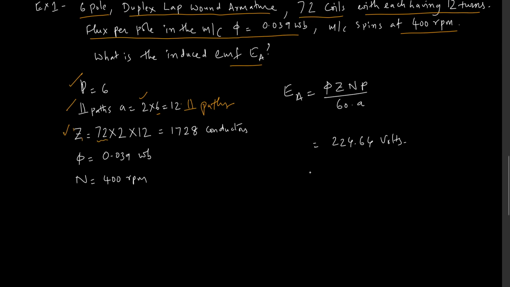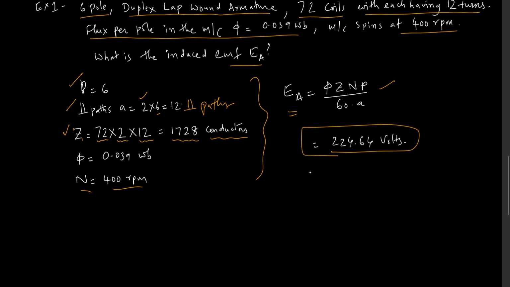I have 72 coils multiplied by 2 coil sides multiplied by 12 turns in each coil, which gives 1728 total conductors. Phi is the flux per pole, 0.039 Webers, and N is 400 rpm. So with simple substitution, EA equals phi Z N P by 60 A, and you get 224.64 volts.